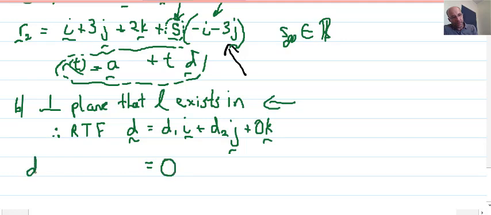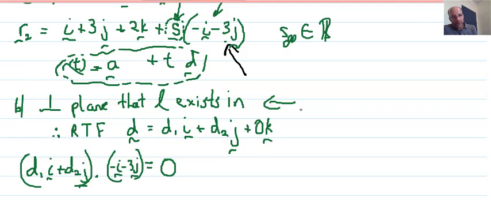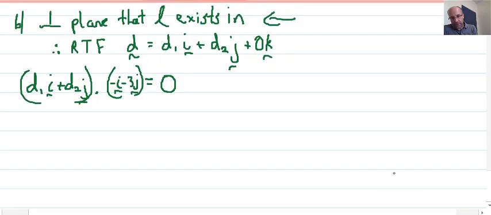So we basically have d1 i plus d2 j dotted with negative i minus 3j has to be equal to 0, and our dot product means that we'll go negative 1 times d1 plus d2 times negative 3, or negative 3 d2. That equals 0.